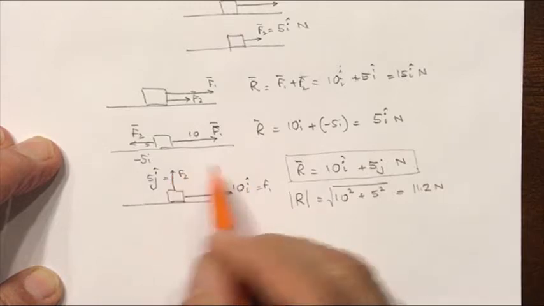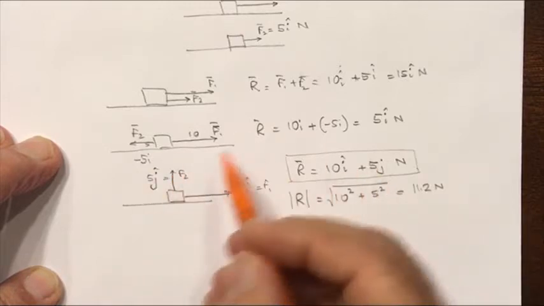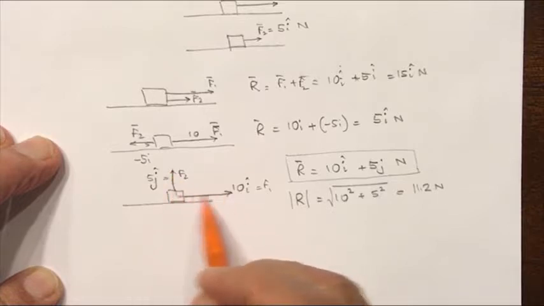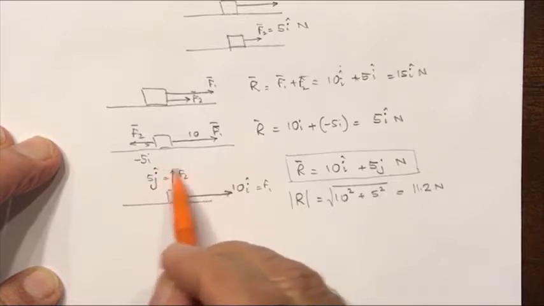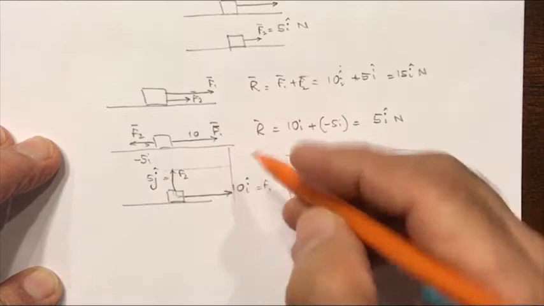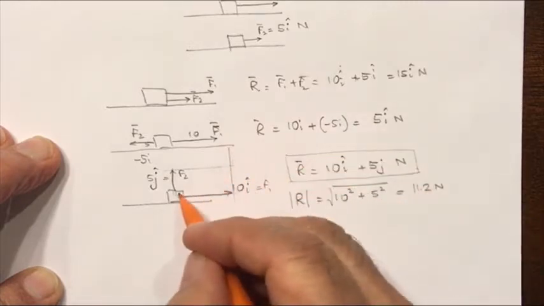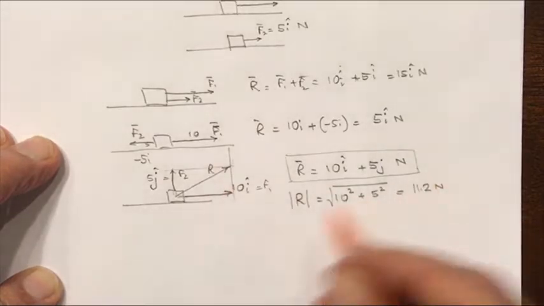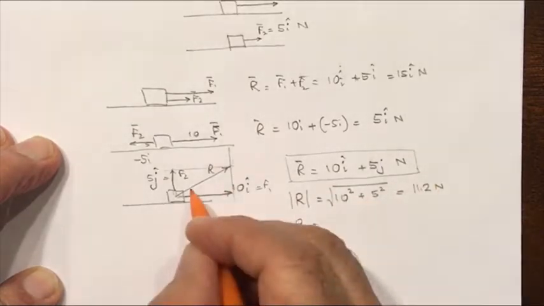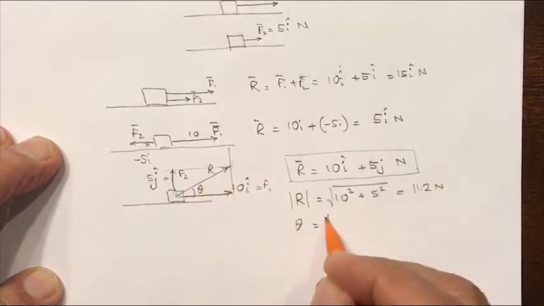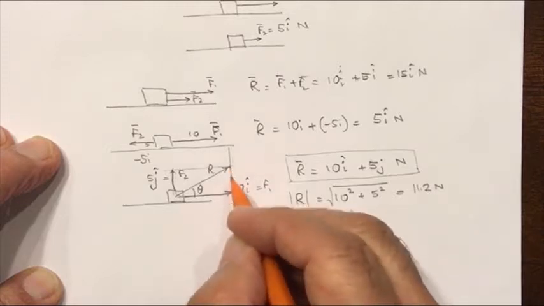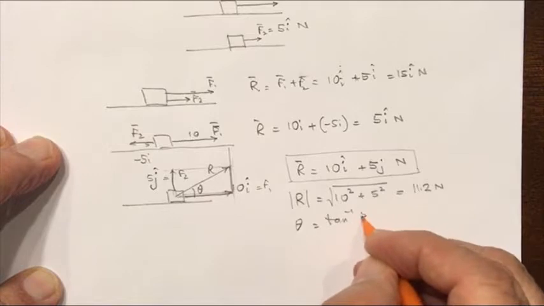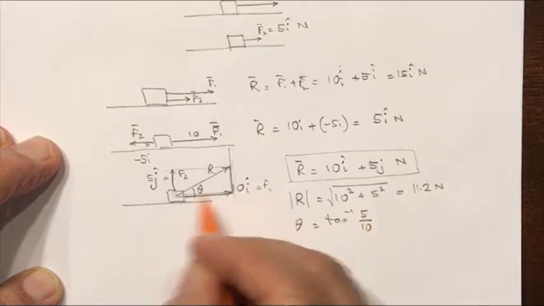And if we try to find the angle at which that force is acting, we can consider this force and use the parallelogram rule, draw two parallel lines, and the resultant would be in this direction. So theta, which is this angle, would be tangent inverse of the height of this triangle, which is 5, over the base, 10.